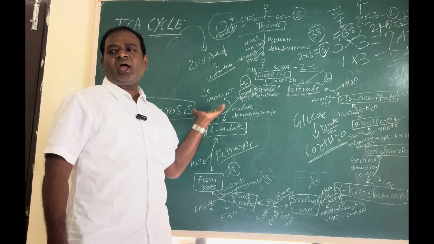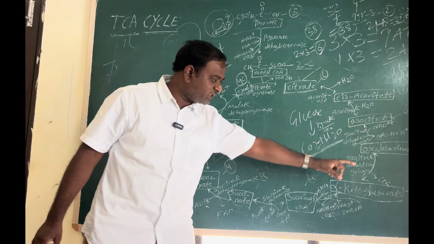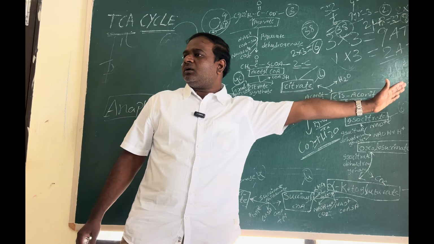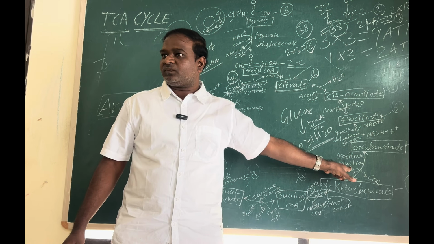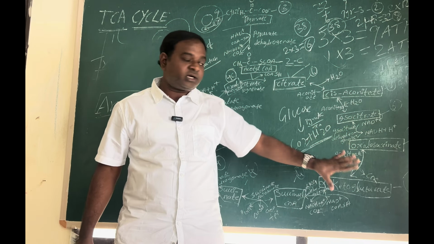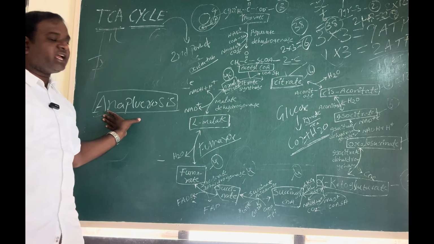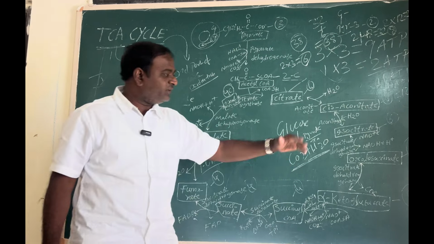Why do we have to fill up the intermediates of the TCA cycle? The TCA cycle contains a large number of intermediates which go to other reactions while the cycle is happening, but the pathway should not be disturbed. For that, there are some reactions known as anaplerotic reactions which fill these intermediates.